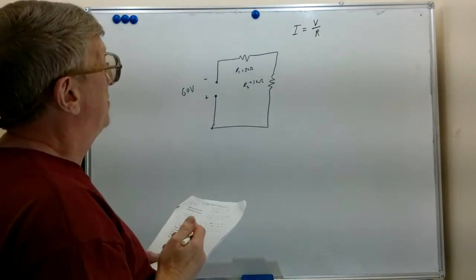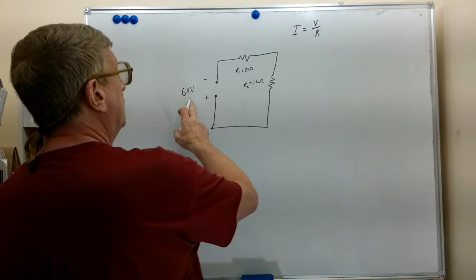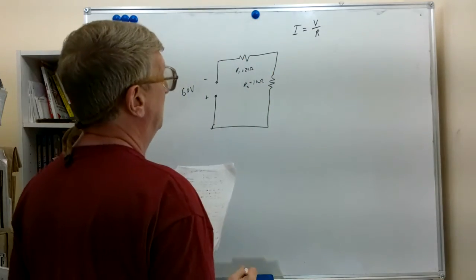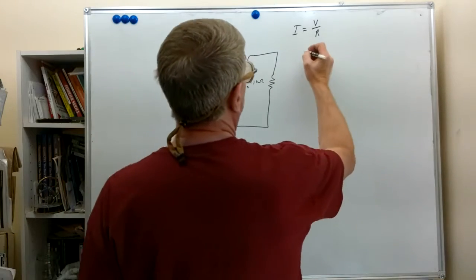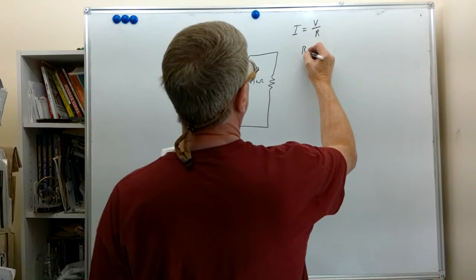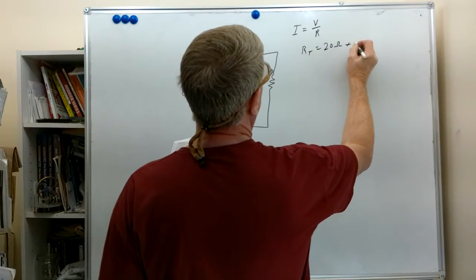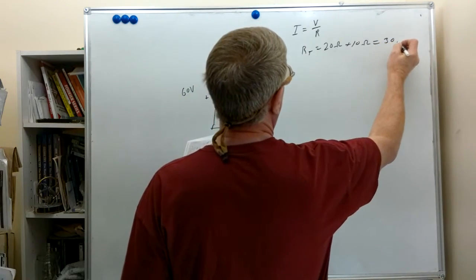Now you probably remember from before that we have our total voltage of 60 volts. We need to divide it by our total resistance. So let's figure out the total resistance. Resistance total equals 20 ohms plus 10 ohms equals 30 ohms.